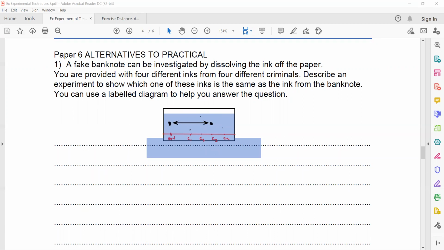But you don't have to say which criminal it is, you just have to outline how the experiment can be done. So first we will use chromatography, and then we will draw the origin with pencil.